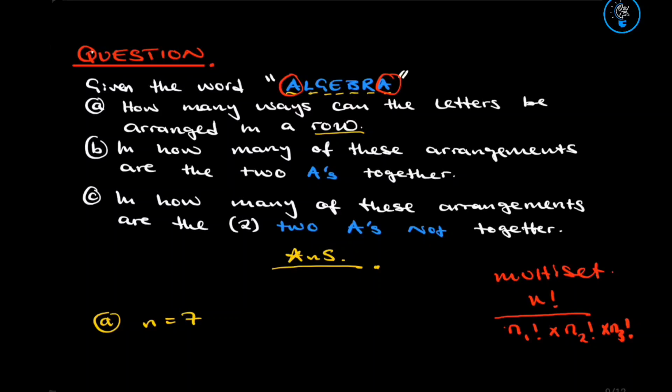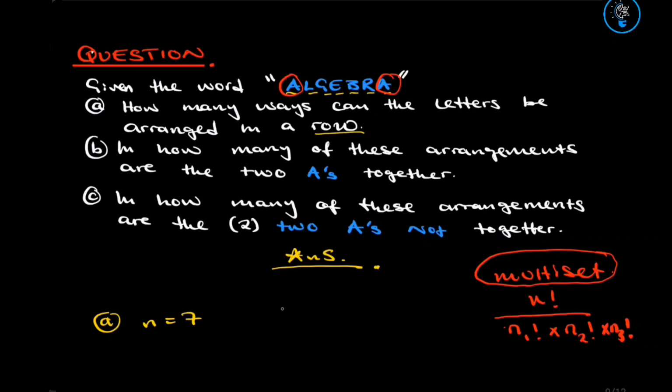Since in this word we have repeating letters, that will make us not use the usual formula for permutation, but rather the multi-set formula for permutation, because we have one set of repeated items in it. So if you're given any question or any word that has repeating letters, then it's advisable to go by this formula.